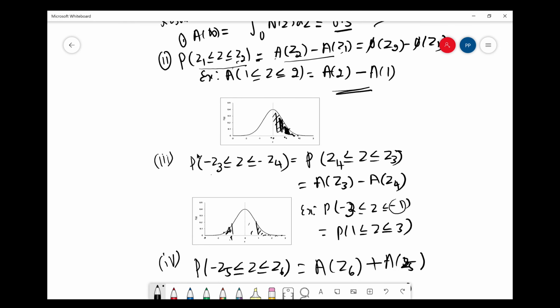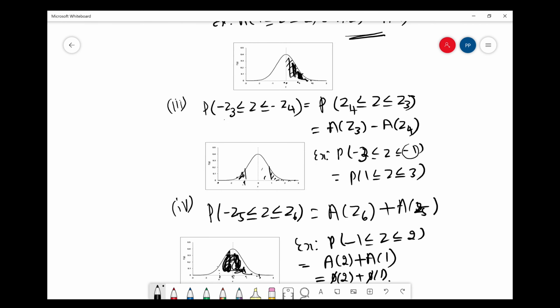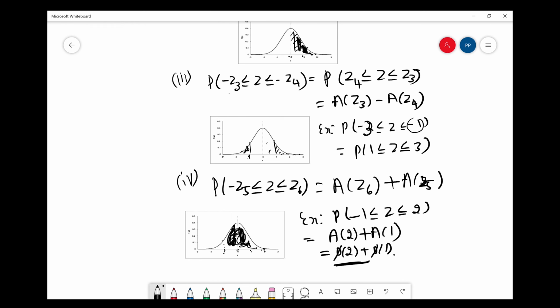You take the absolute values, and it reduces to the previous result, which is A of upper limit minus A of lower limit. Next result is the probability over a negative to positive interval. It comprises a part of the negative interval and a part of the positive interval. It is simple. It is nothing but A of upper limit plus A of the absolute value of the lower limit minus z5, which becomes z5. For example, minus 1 to 2.